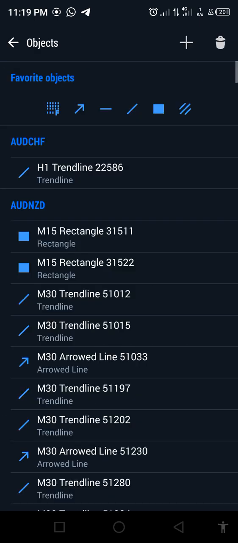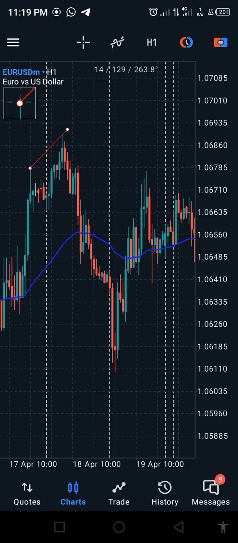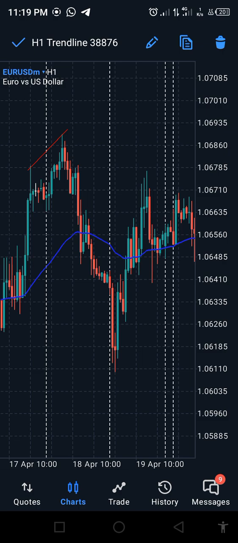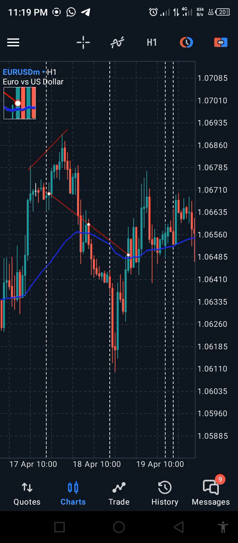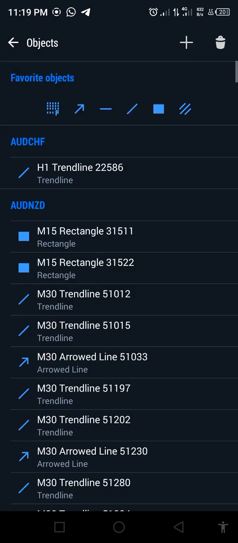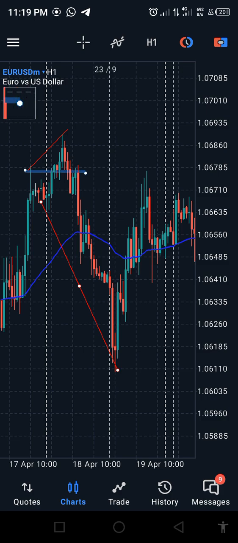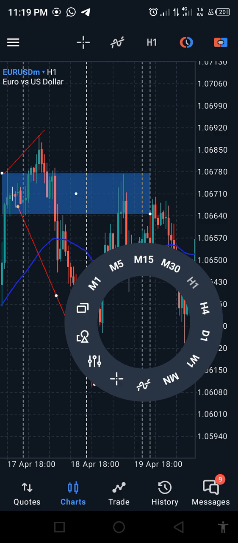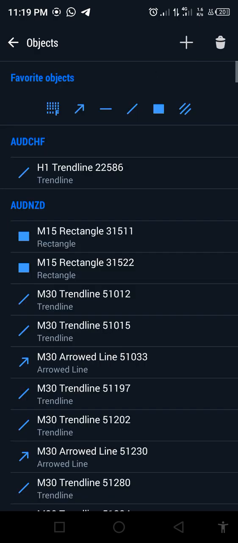Okay, we see another QM zone. So it can be here, or it can be here. So it all depends on you. But the most important is where the zone lies.